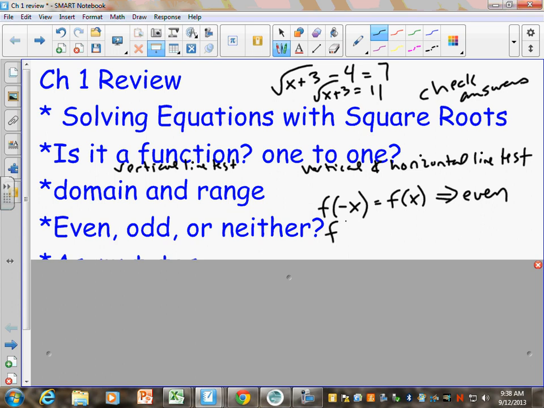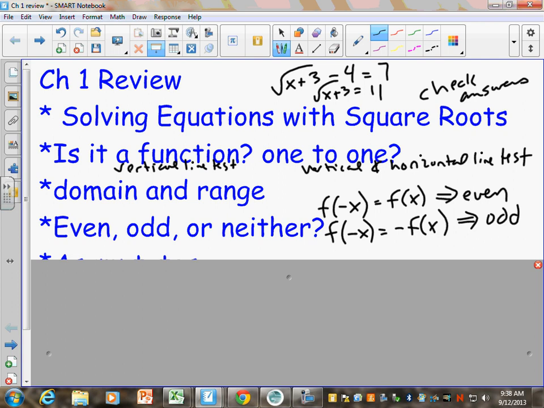If it's odd, when I plug in a negative, the entire thing changes sign. You could factor a negative out front, and then everything would be the same. If it's neither of those, somewhere in between, then we say it's neither. You're just going to have a few questions where the directions say, is it even, odd, or neither? That's what I'm looking for on that.